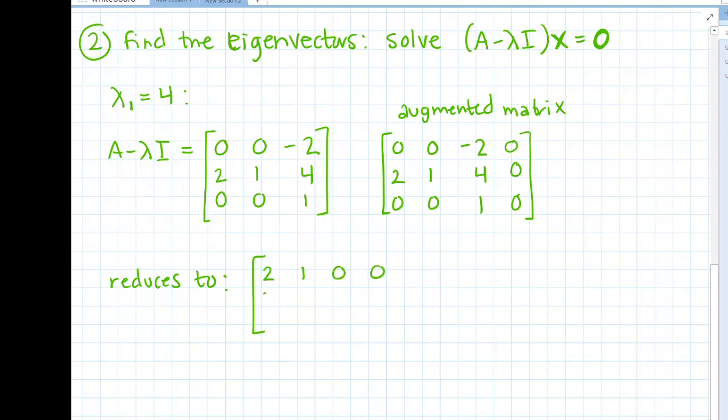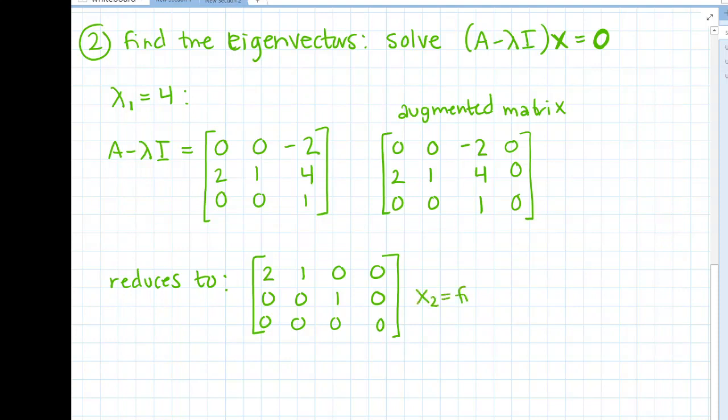So there's some rearranging of rows going on here. So what does this tell us? If we look at our columns, we see that the second column is not a pivot column. So that means that x2 is a free variable.